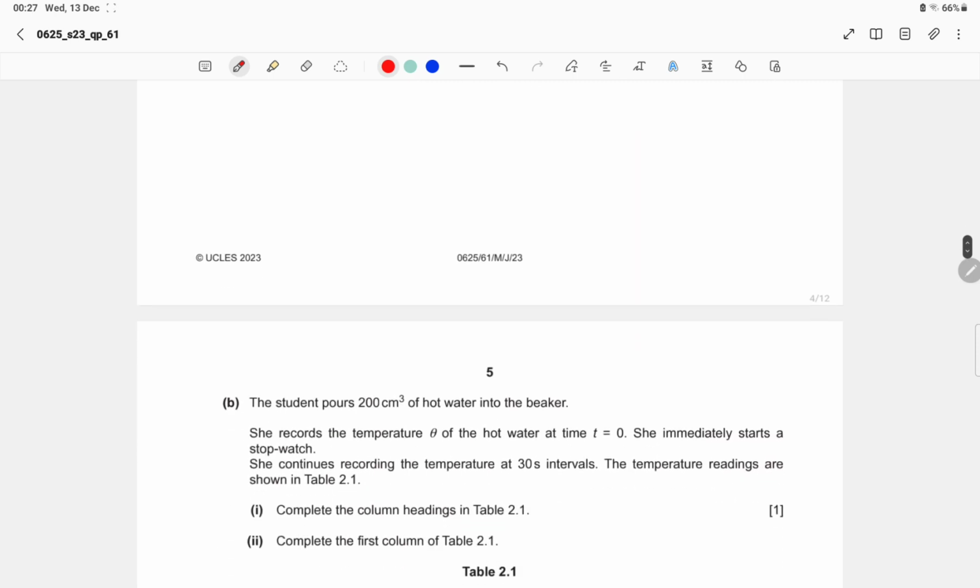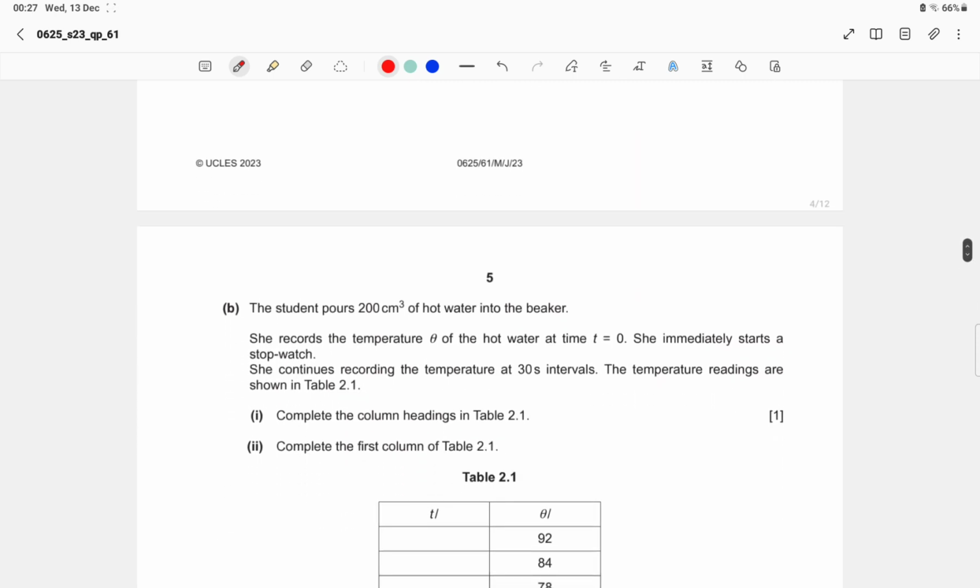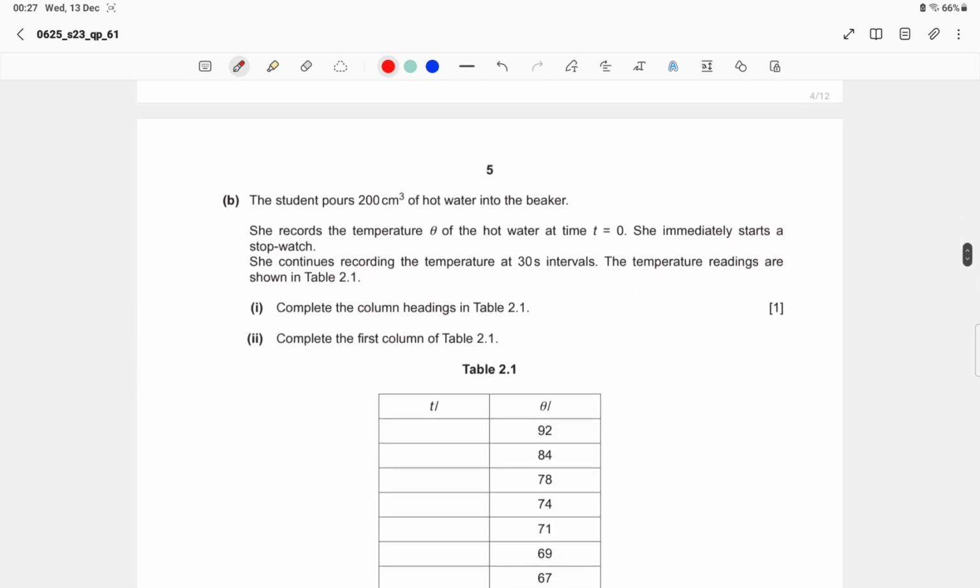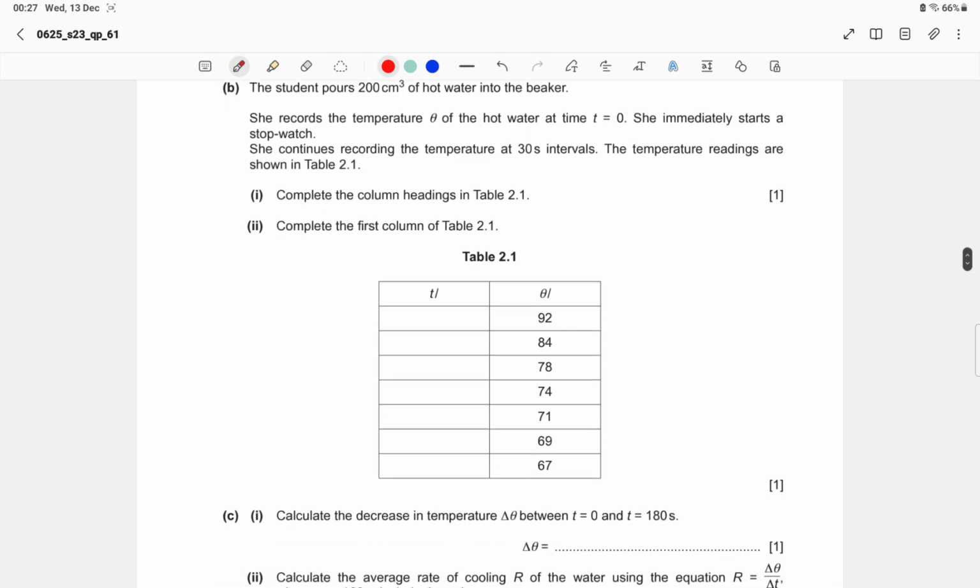Then the student pours 200 centimeter cube of hot water into the beaker. She records the temperature theta of the hot water at time zero, and continues the recording at 30 second intervals. So this is going to be in seconds, and this is going to be in degrees Celsius. You have to complete the heading.